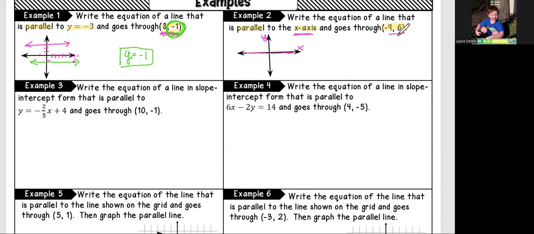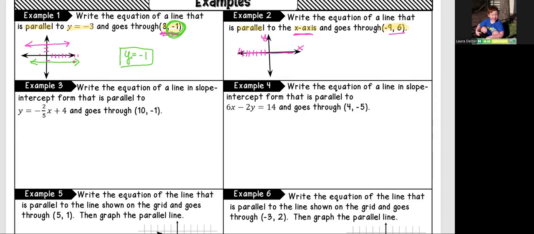Well, let's plot that point and then we can have a visual about where it should be. Okay. We're going to go over here to -1, 2, 3, 4, 5, 6, 7, 8, 9.